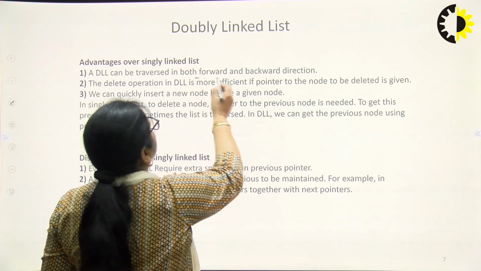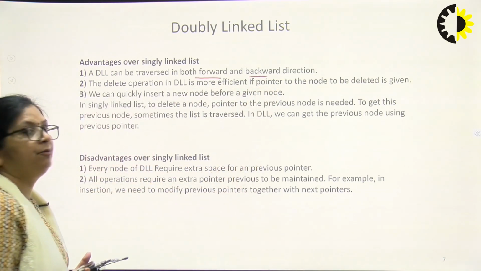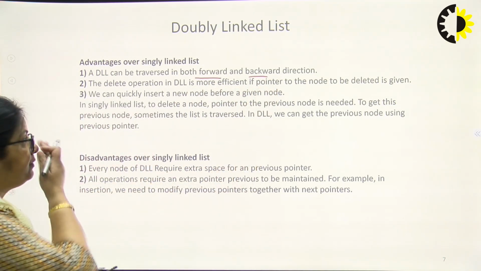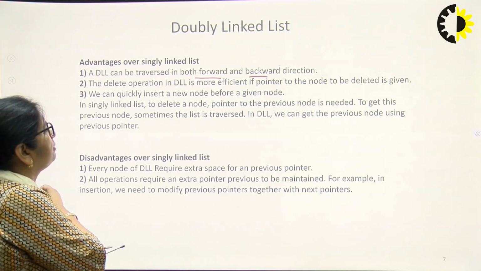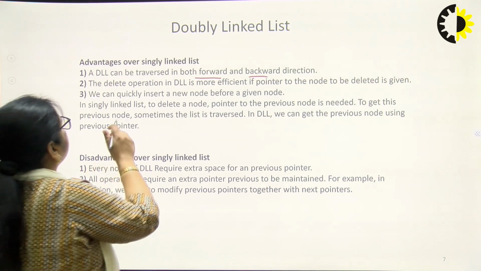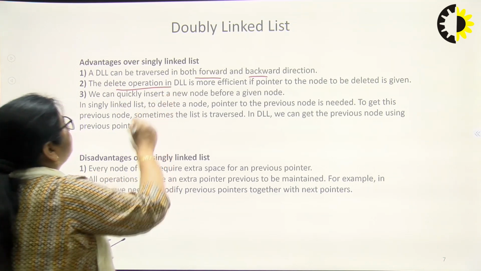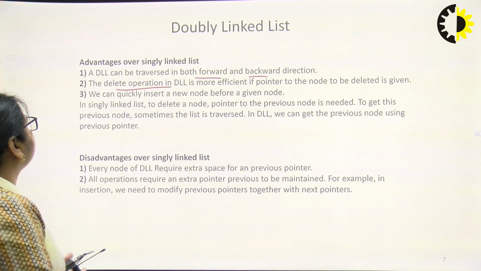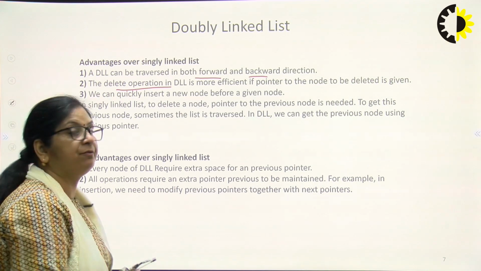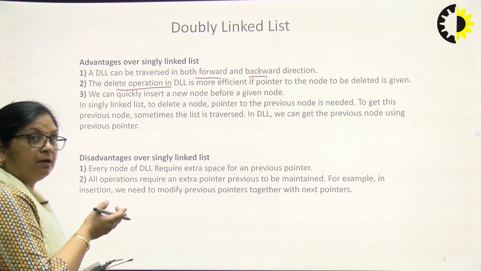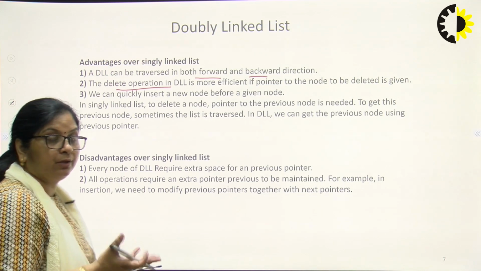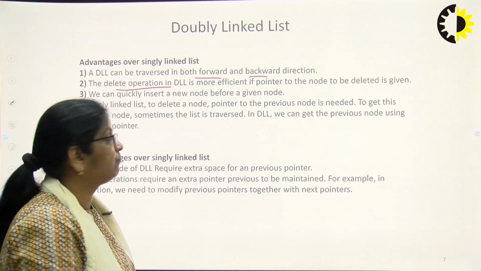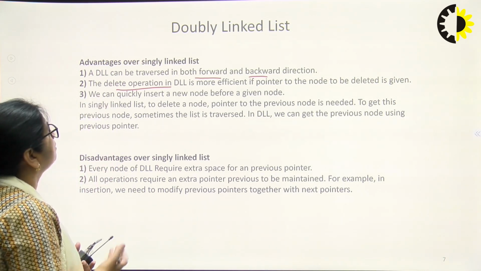So we can move both forward as well as backward. As we have a record of the previous node also, the delete operation is more efficient. We can quickly insert a new node before a given node because we can access in both directions. Those are our advantages.